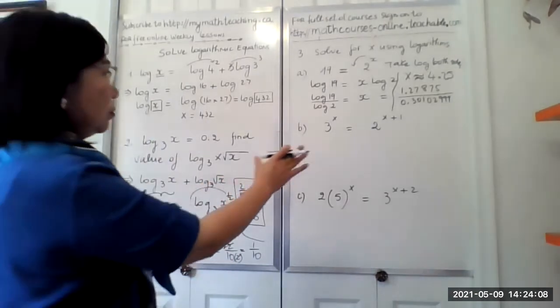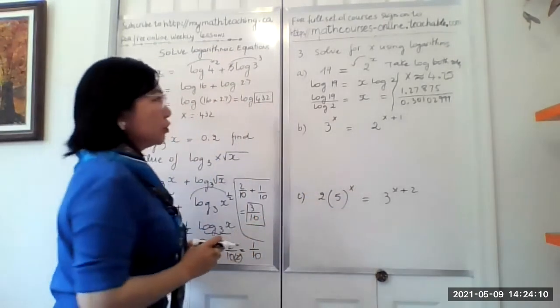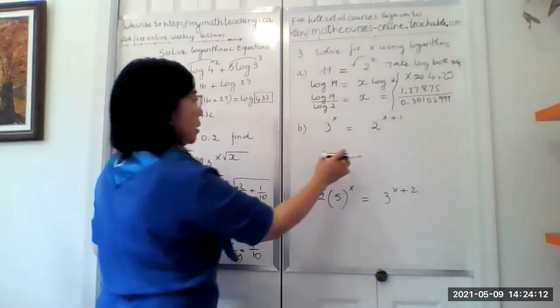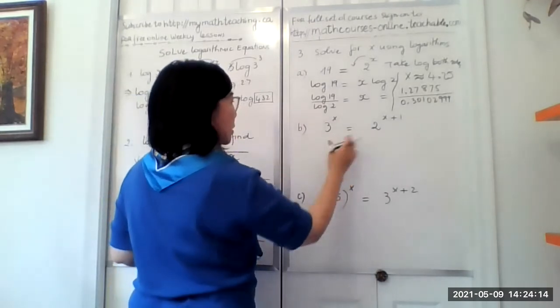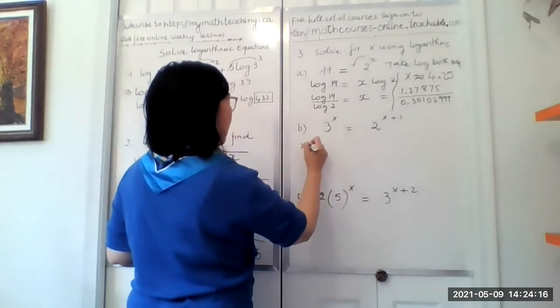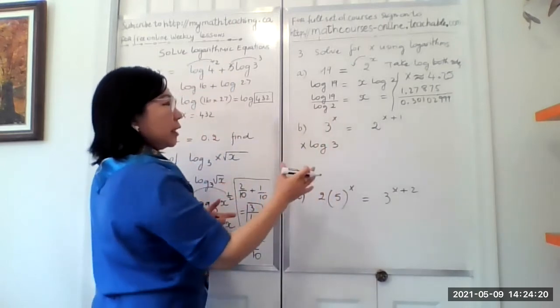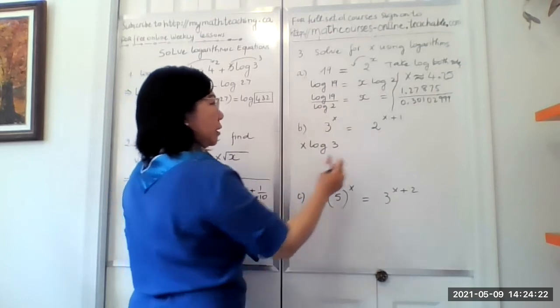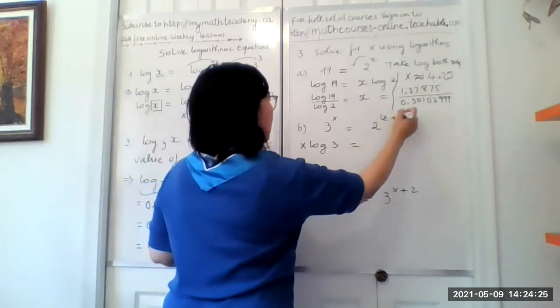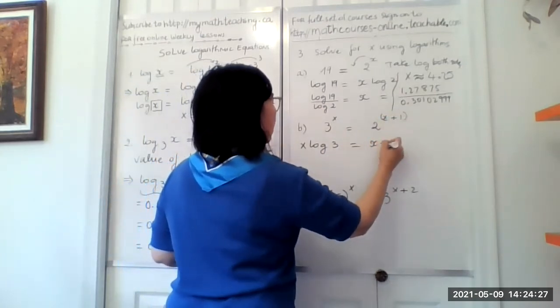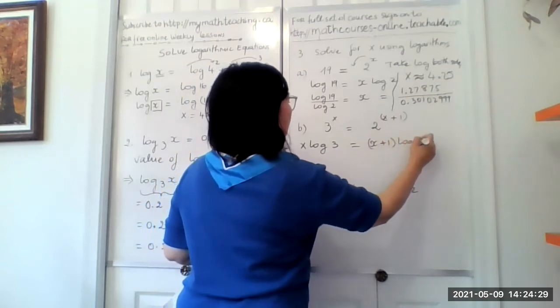Now I'm going to solve this as well. Question B. Question B, again, I'm going to take log both sides, so that will give me x log of 3, because after I take log, I can bring it in front, right? Equal, this one will bring in front, and log of 2.